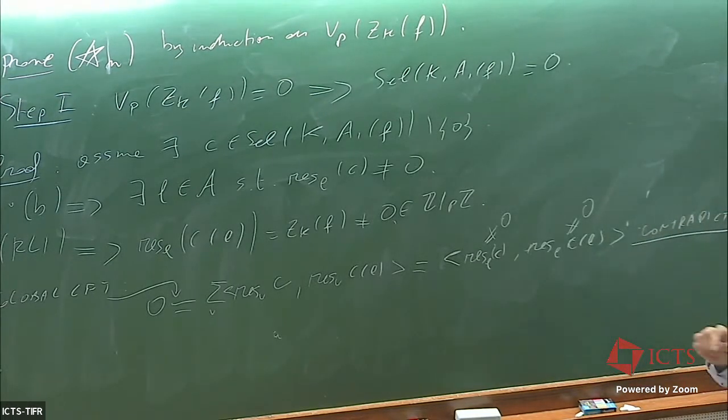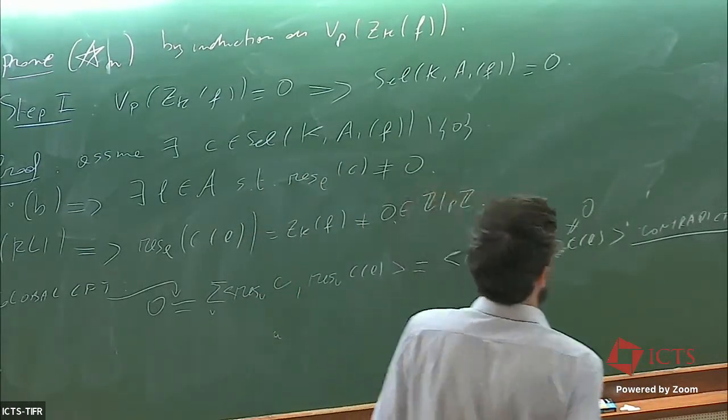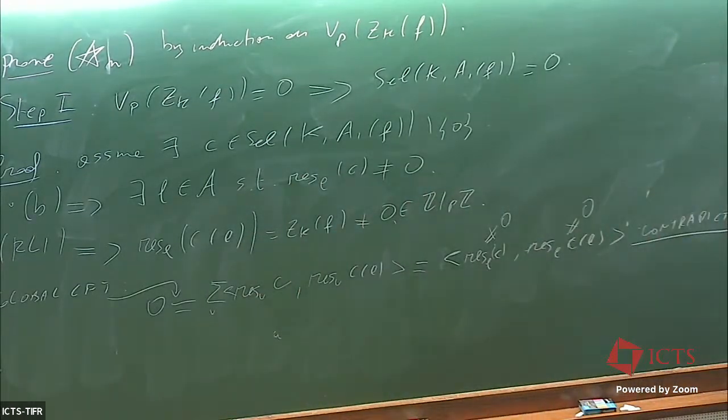Okay, so this is how you prove this part. And so far we didn't use the second reciprocity law yet, and this is where the most interesting part of the proof is, and that's the last thing I will probably have time to explain.